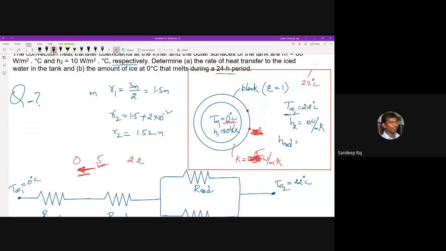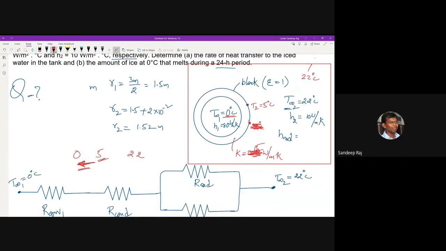So what I will do, I'll assume it to be 5, because it is not clear in the question. I am assuming so and so value, and T2 is equal to 5 degrees centigrade. It's an assumption which you can make at your own convenience.